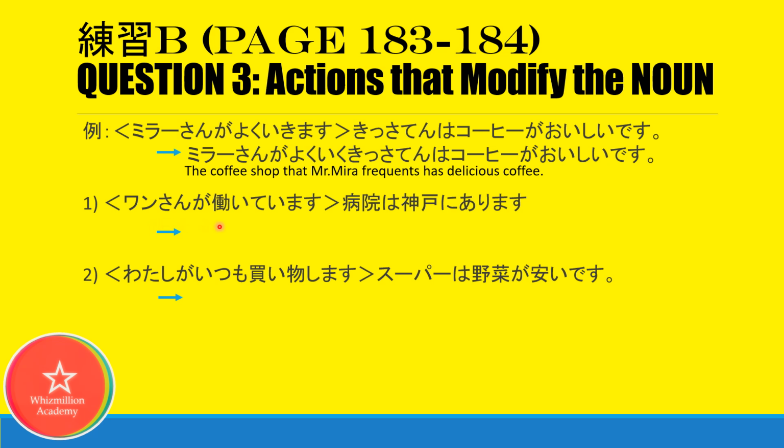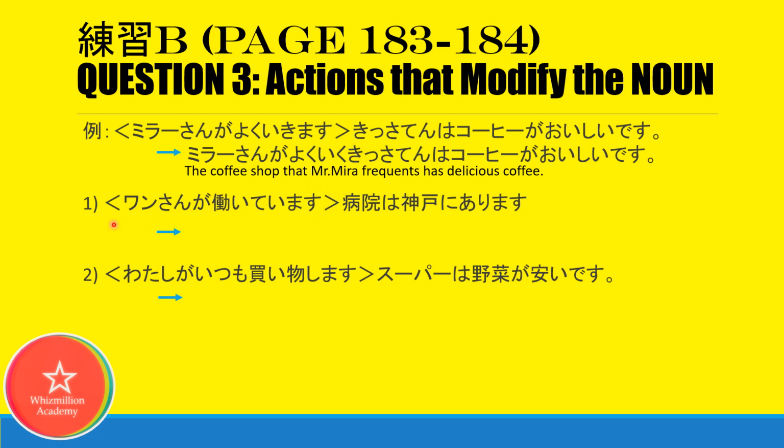ワンさんが働いています。So Mr. Wan works. Okay, this is the action word. Alright. 病院は神戸にあります。The hospital is in Kobe. Okay.